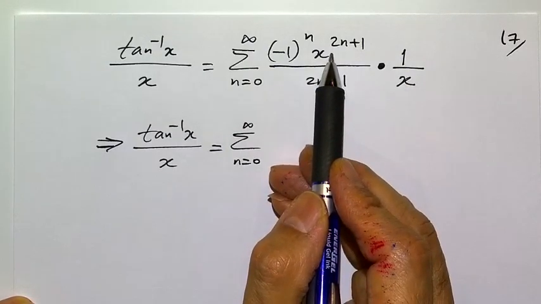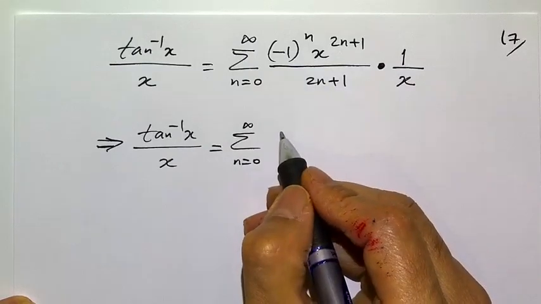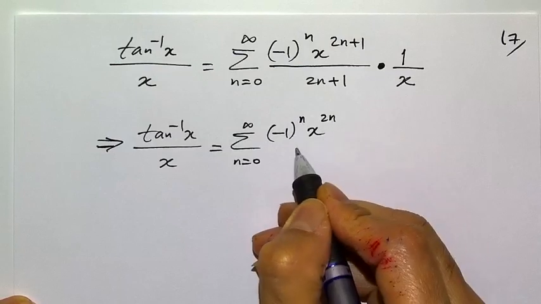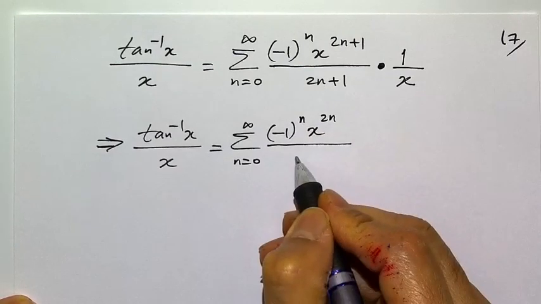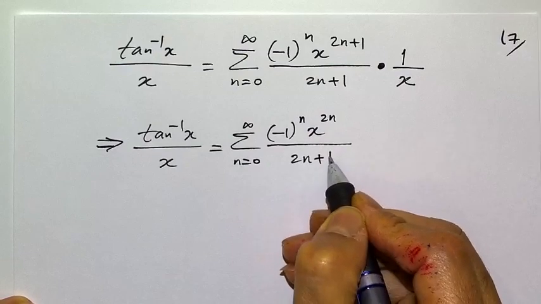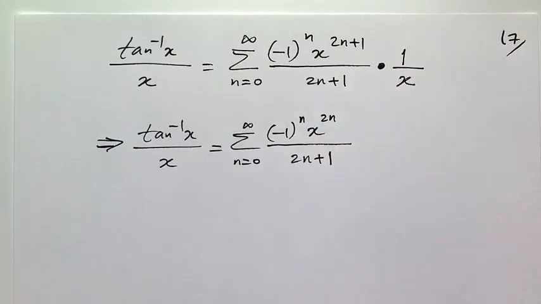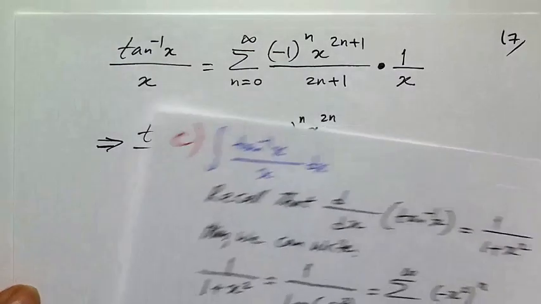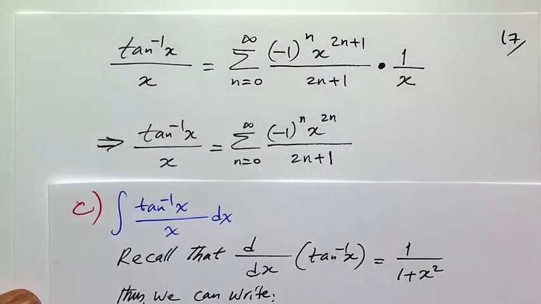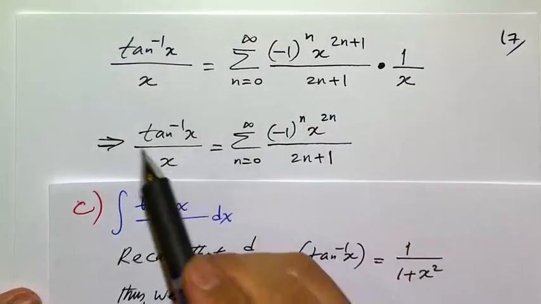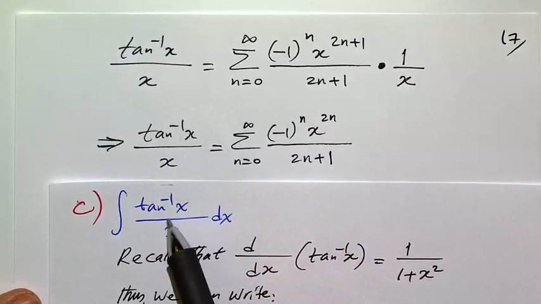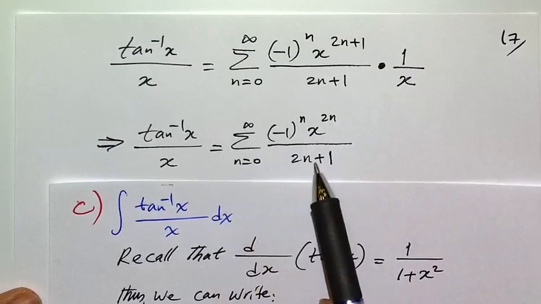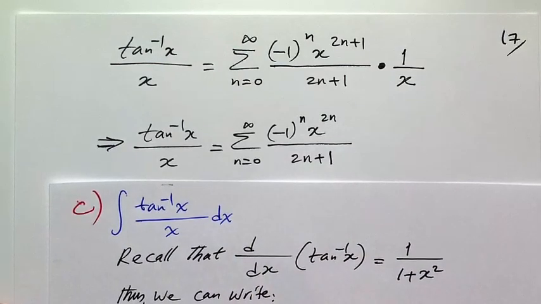We end up with just x to the 2n power, and then divided by, of course, 2n plus 1. Okay, so now that we have this, we have a power series representation for the integrand. So if we integrate that, we get a power series representation for the entire integral.